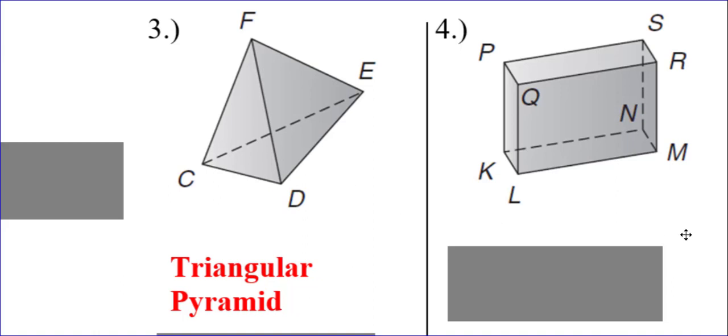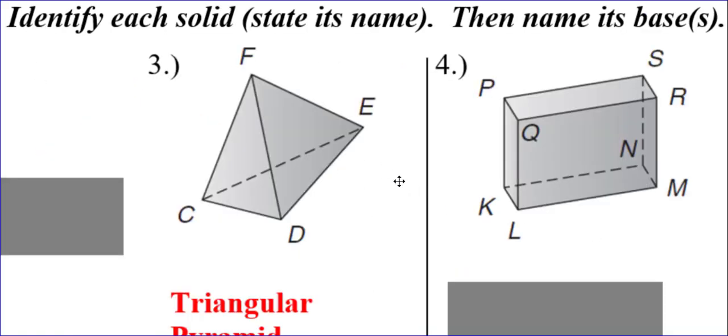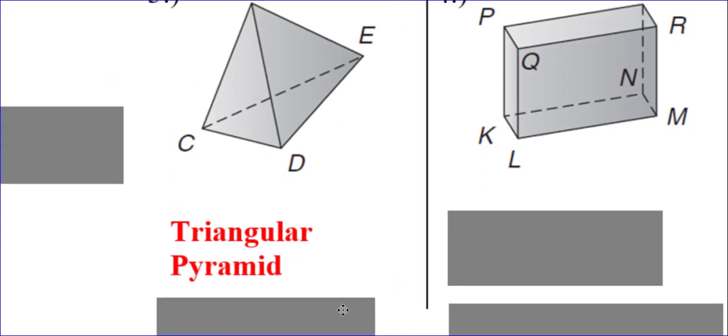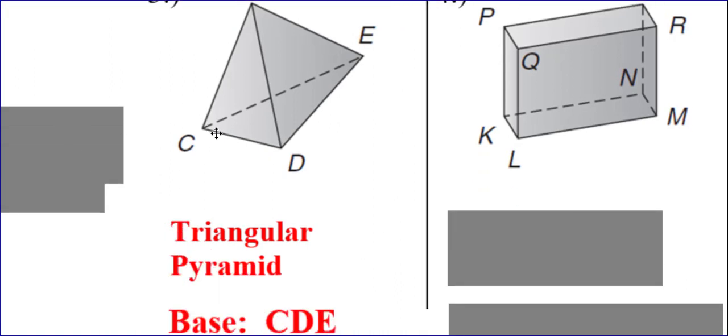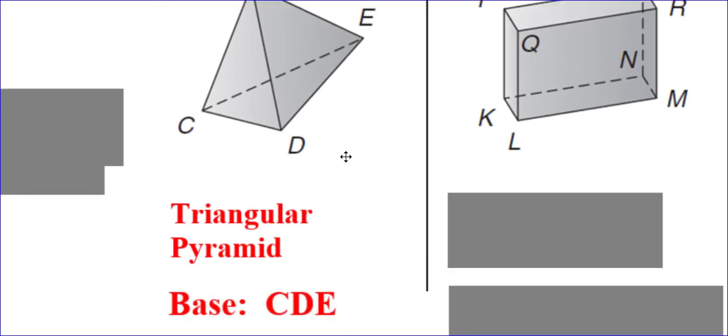A prism would have to have two triangles parallel and congruent to each other with rectangles in between, kind of like we saw in number 1. So number 3 is definitely not that. It is a triangular pyramid. And you can name that triangle at the bottom with the letters C, D, and E in any order you want. Hopefully you did not choose the letter F, since that was not on the base for this triangular pyramid.